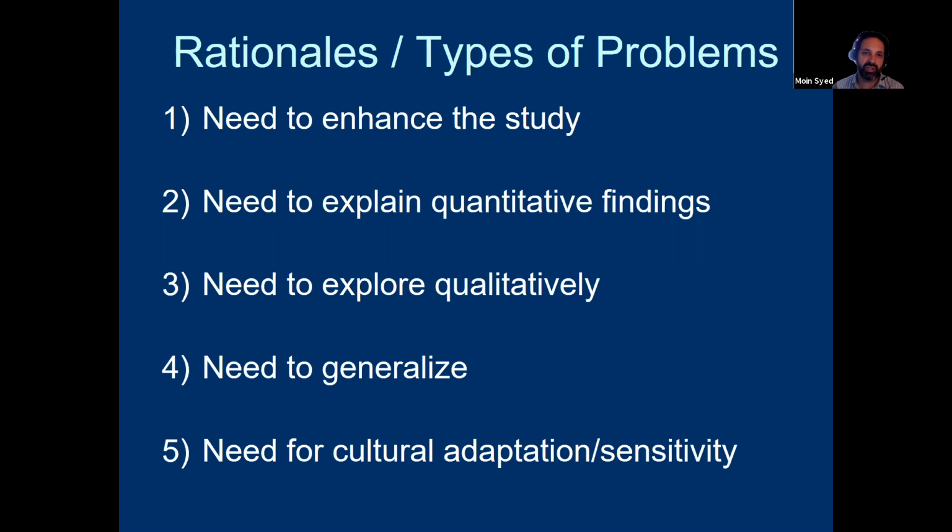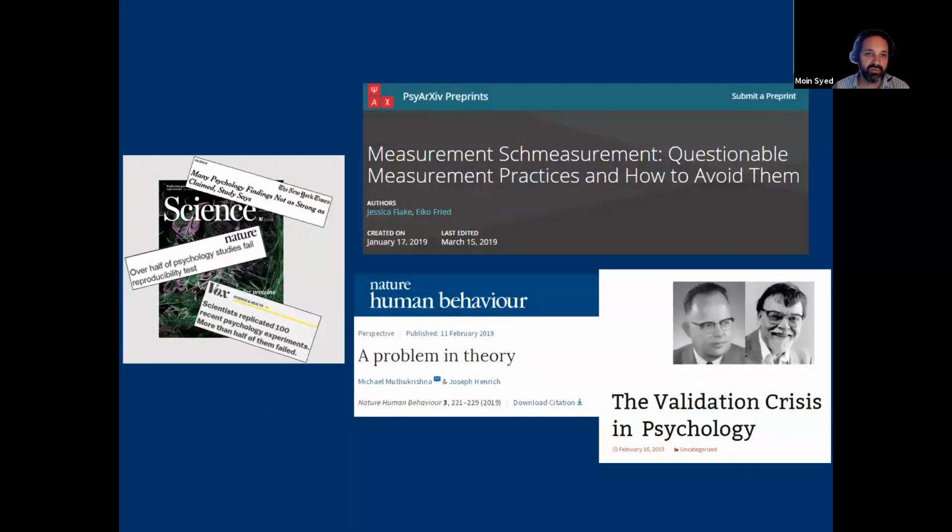A final rationale that's much broader, and I'm just going to talk about it briefly because otherwise I talk about it a lot since it's on my mind a lot, is the different crises going on within the field right now. Often referred to as the replication crisis, but sometimes the reproducibility crisis. Some call it a theory crisis or a measurement crisis or a validation crisis. So you can really pick your crisis here.